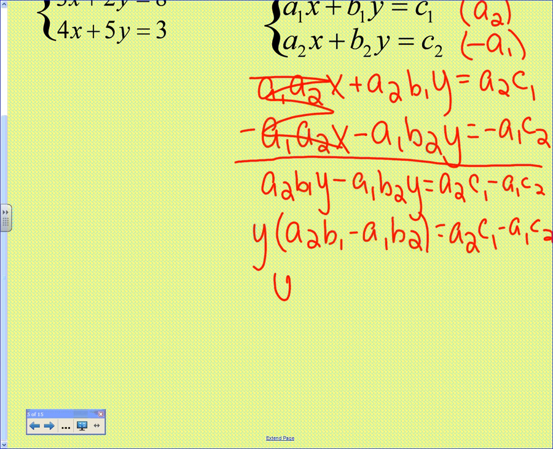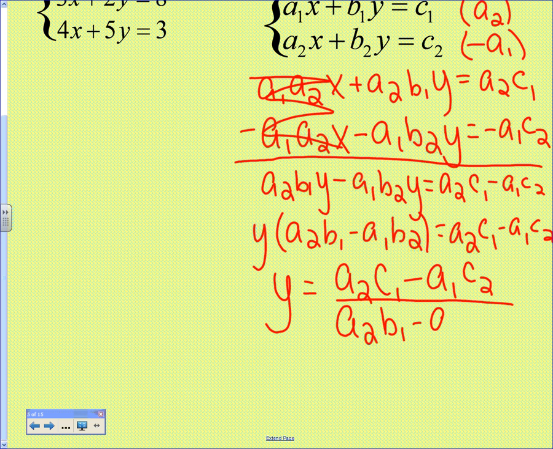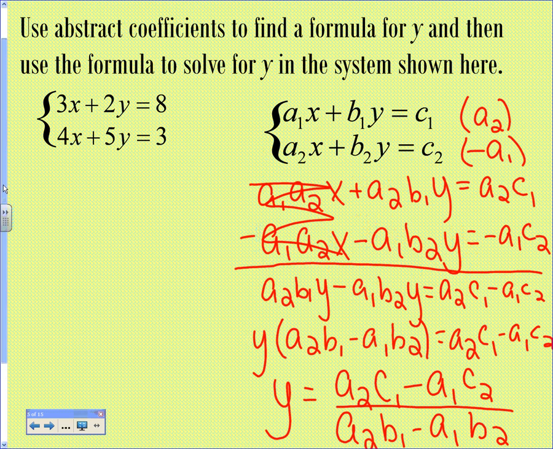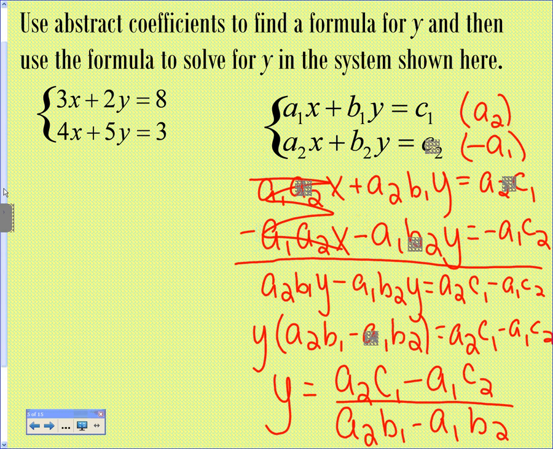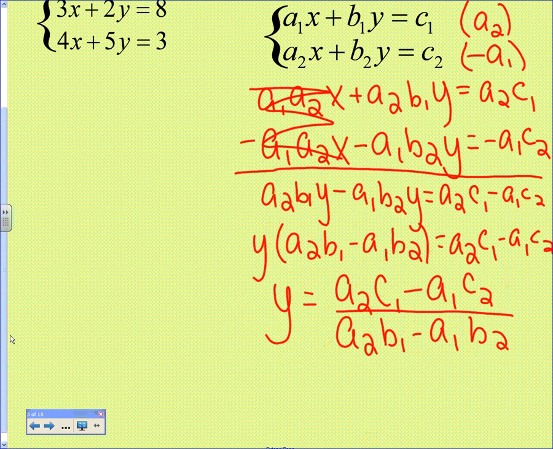And then you divide. So A2 C1 minus A1 C2 all over A2 B1 minus A1 B2. And that would be your y formula. So going back up here, it said find your formula for y, which we found. Use that formula to solve for y in this system. So I'm going to move my formula up here.